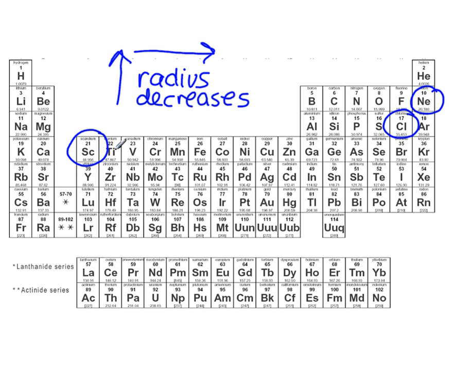So just by the placement and knowing the pattern, we can get the order. Smaller ones up here, larger ones over here. If we follow that pattern, that would mean neon's the smallest, then chlorine, and then scandium. Okay, so right now we've got our order.